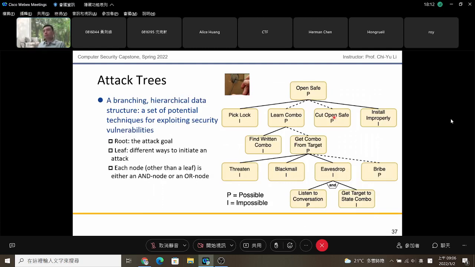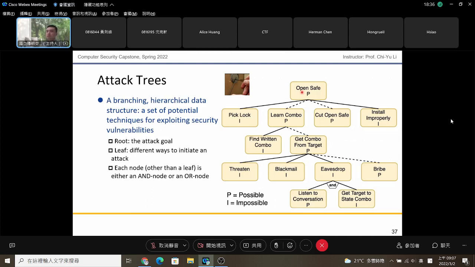We may also use an attack tree to analyze a system. Here you can see in this tree, the root represents the attack goal. In this example, the attack goal is to open the safe.